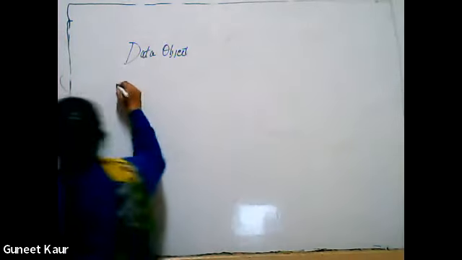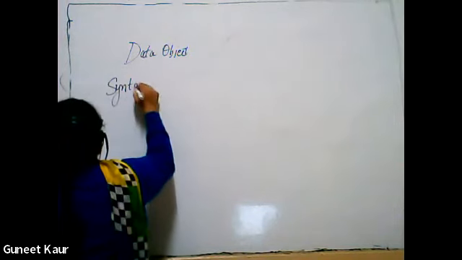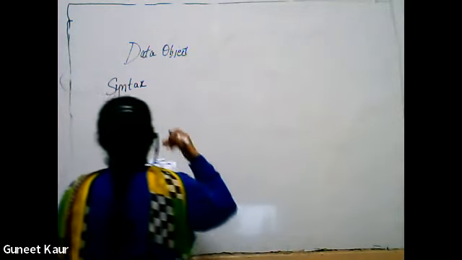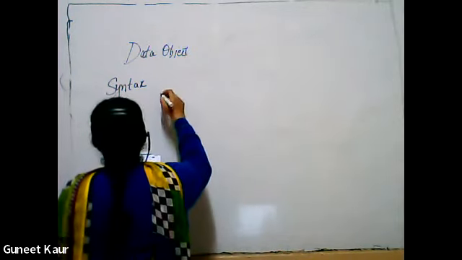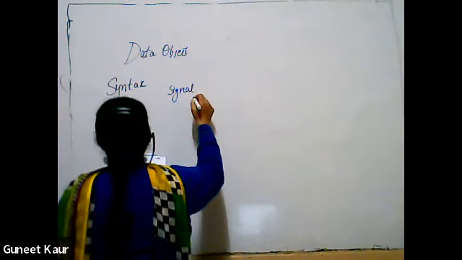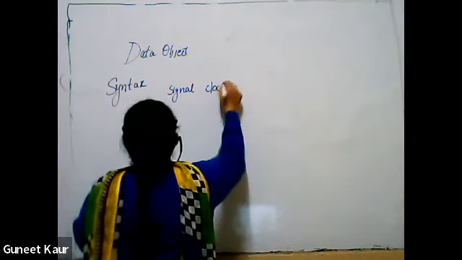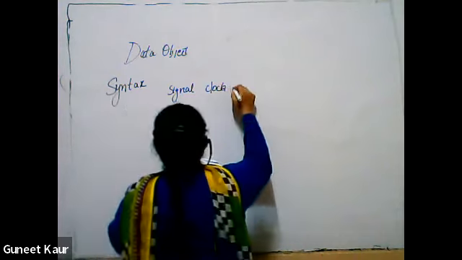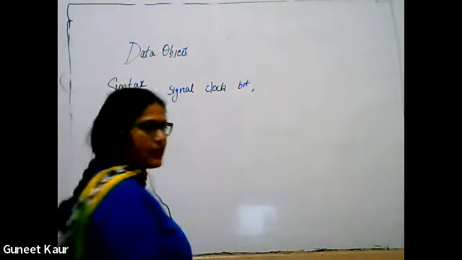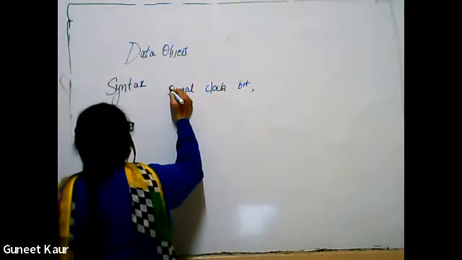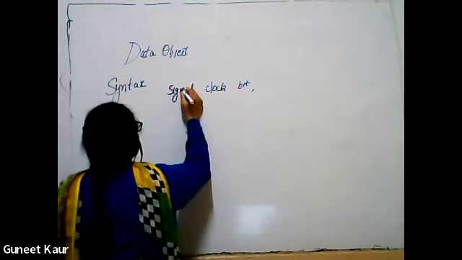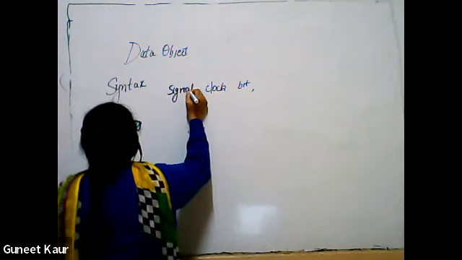So the format or the syntax used in VHDL for the data object is like this: signal clock colon bit, semicolon. I will bold the word signal because this is a reserved keyword.